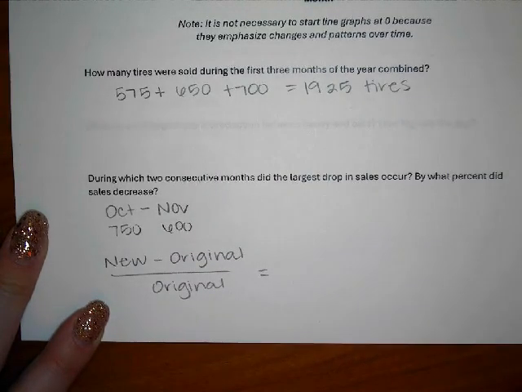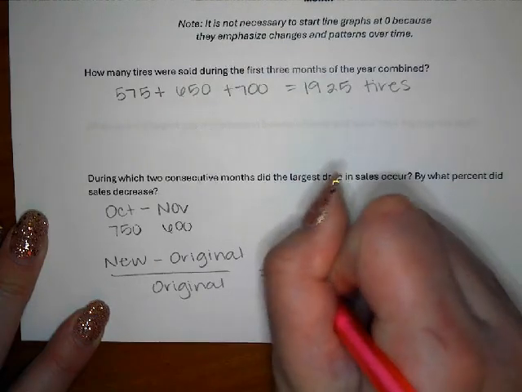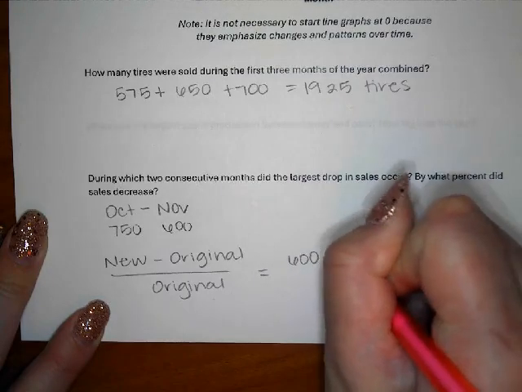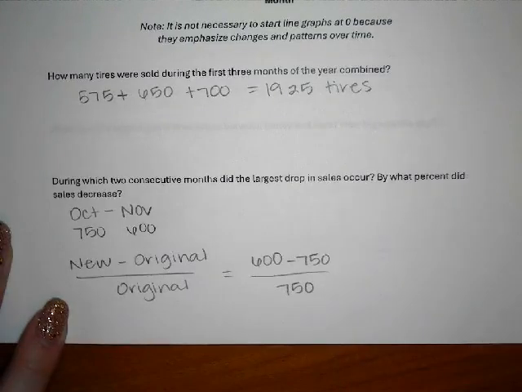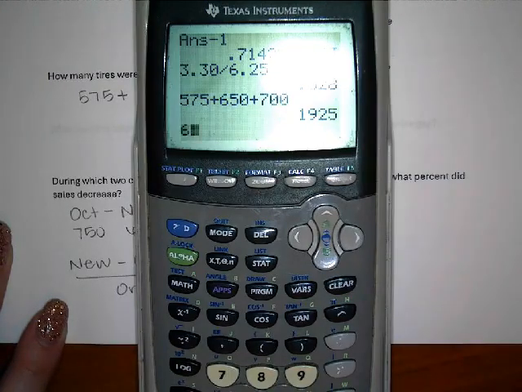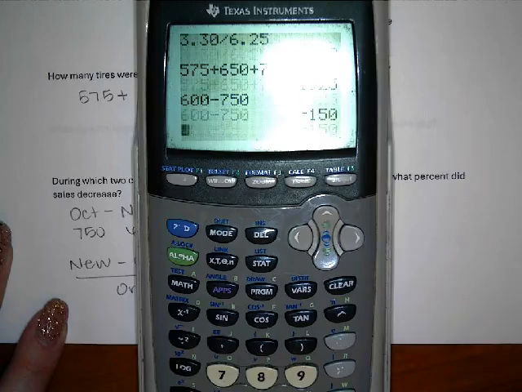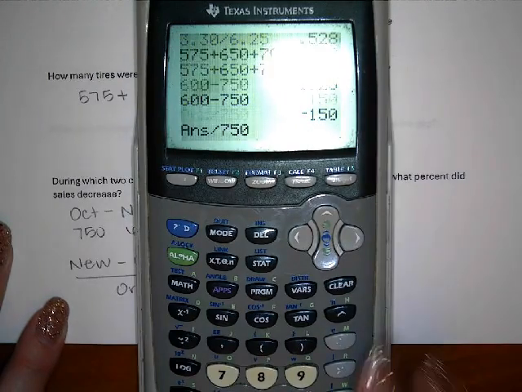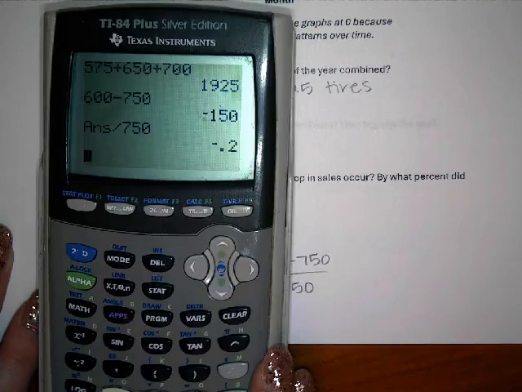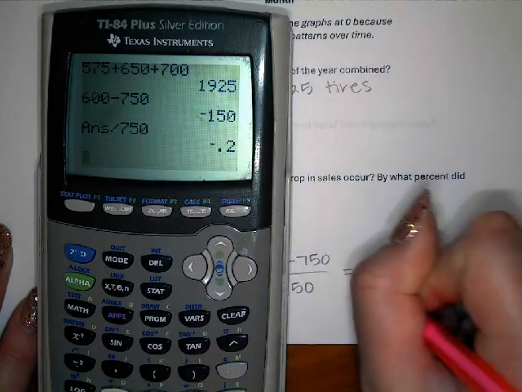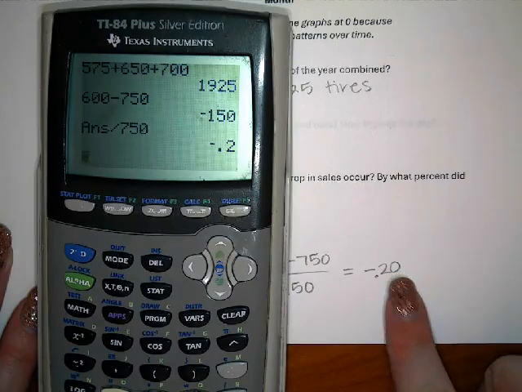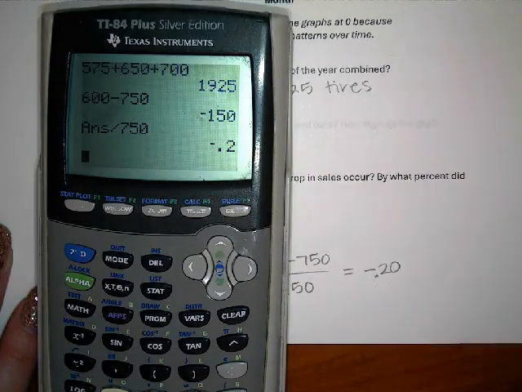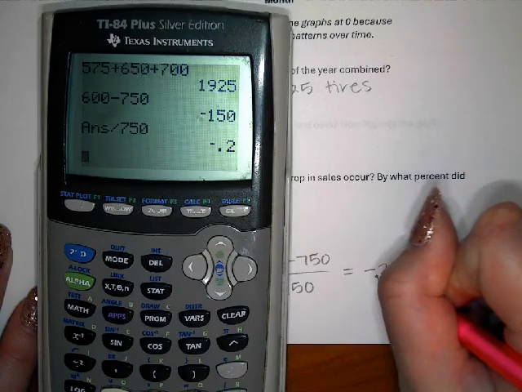So November minus October divided by October. So this is our %, and we know it's a decrease because it's negative. I went ahead and put a 0 on the end so that I could take my decimal and move it over twice. So this is a 20% decrease.